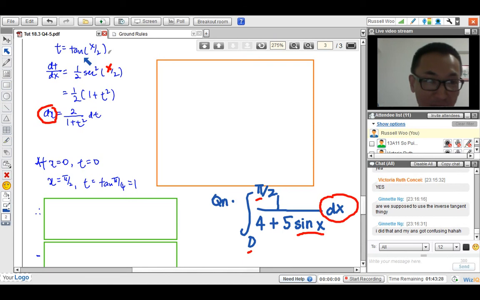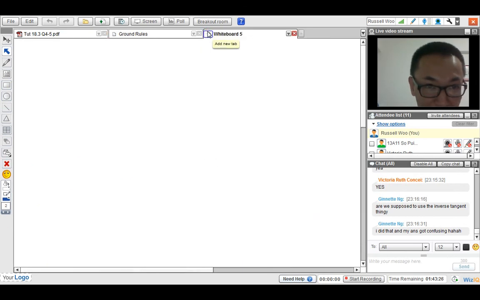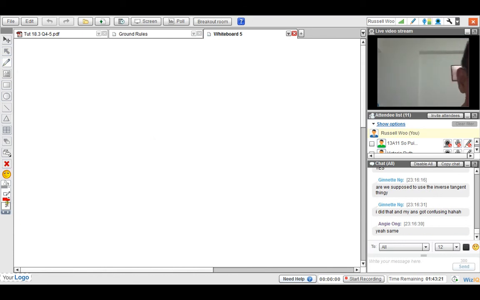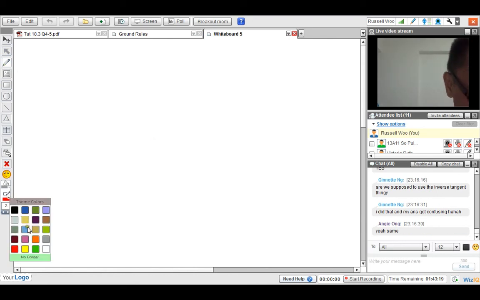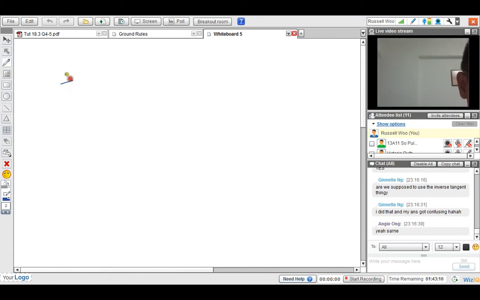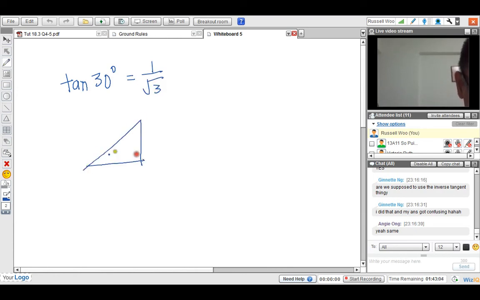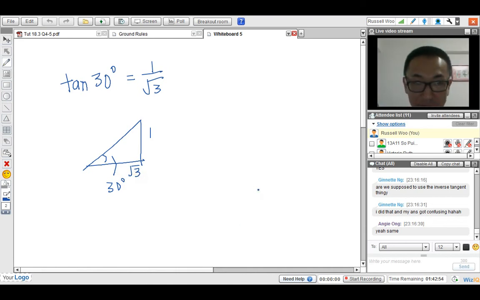Maybe I use a fresh page here, and a different color. What I mean is this. If I say tangent 30 degrees is 1 over root 3, this is 1, this is root 3. Correct? That's what we say, right?